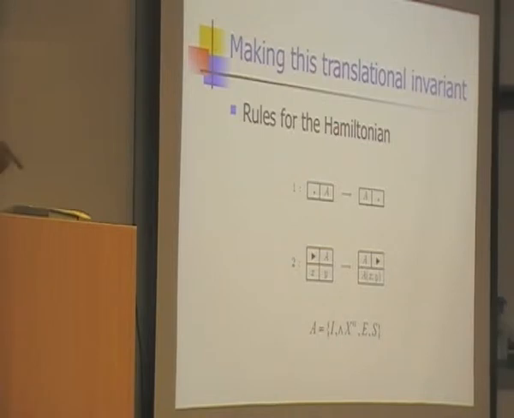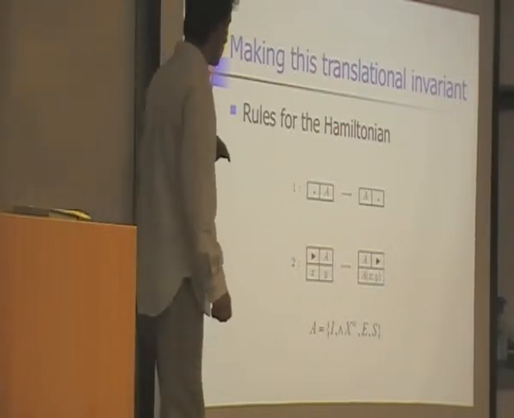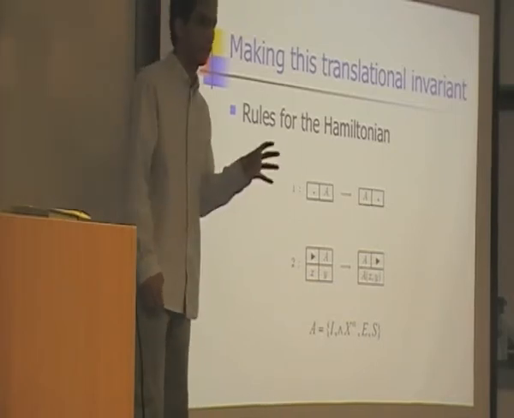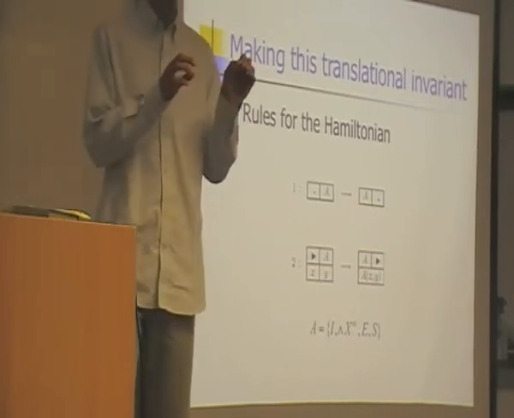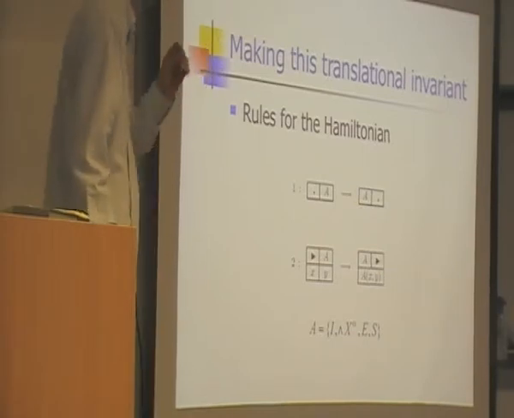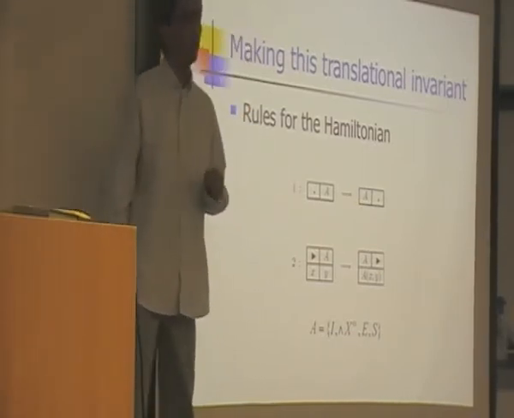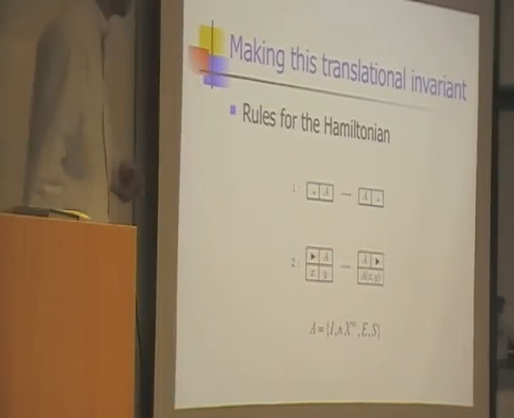And I just said that we have to make it translationally invariant, that we have to have the same rules at every point. But what should be these rules? Here are 2 rules for the Hamiltonian.